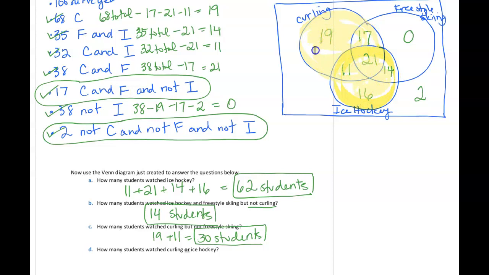Anywhere inside ice hockey, also anywhere inside of curling or where they overlap. That would give us 19, 17, 11, 21, 14, and 16. And adding that up, I get a total of 98 students.